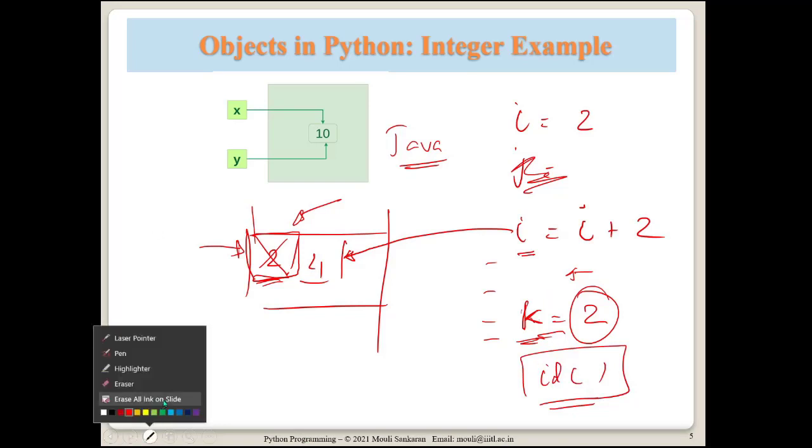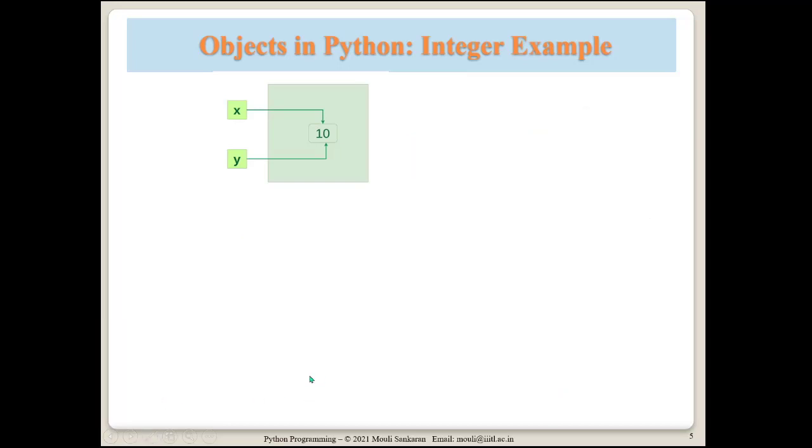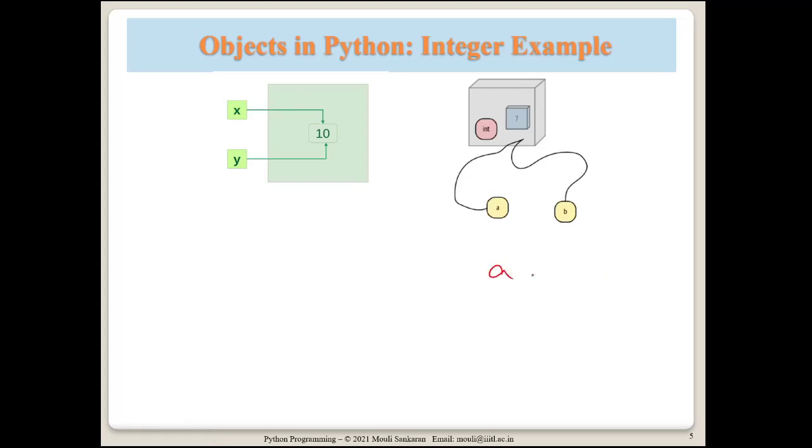This is a very important concept that you should understand, which is different in Python compared to what you have seen earlier with C or C++. Now if you have a equal to 7, and then you say b equal to 7, it will not create a new object 7. Both a and b will point to the same object in the memory.